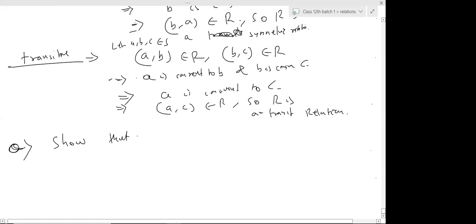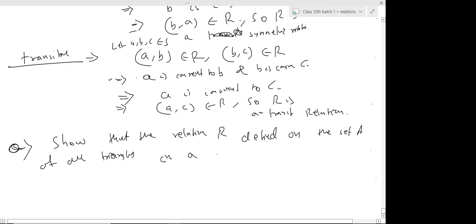Show that the relation R defined on the set A of all triangles in a plane as R equals T1 comma T2 such that T1 is similar to T2 is an equivalence relation.